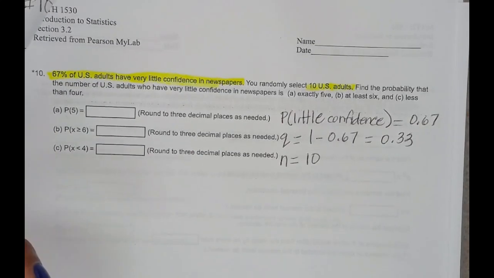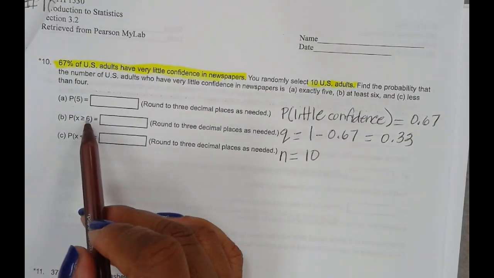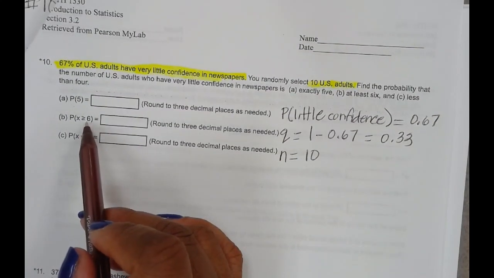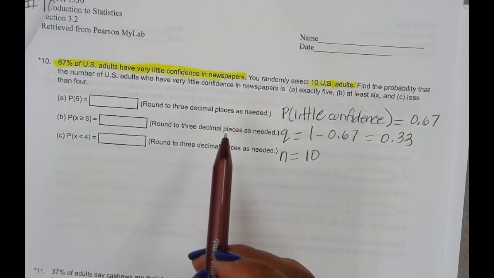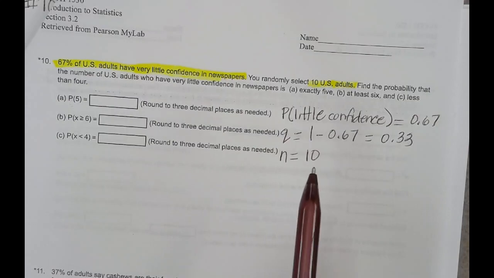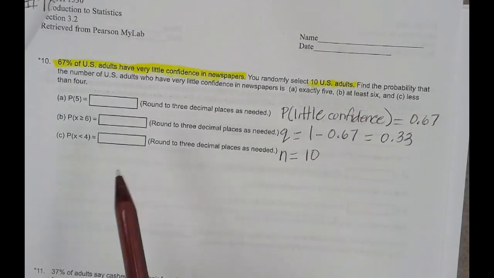I could go in and say greater than or equal to 6 means the probability of exactly 6, plus the probability of exactly 7, exactly 8, exactly 9, exactly 10. I could do that, okay? And using the PDF function.